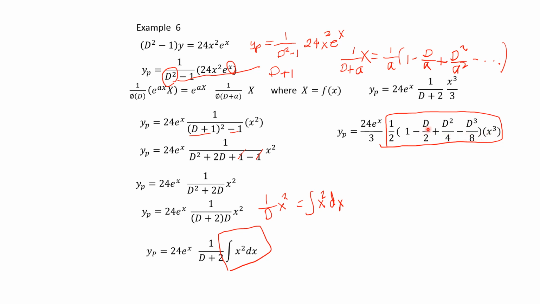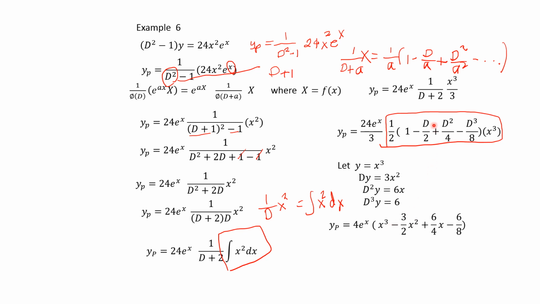Now we need to find the first, second, and third derivative of x cubed. If you let y is x cubed, then dy is 3x squared. The second derivative is 6x, and the third derivative is 6. Therefore, plugging it here, you have y sub p is 24 divided by 3 times 2 is 6, 24 divided by 6, that is 4. 4 e to the x, and then you have 1 times x cubed is x cubed there.